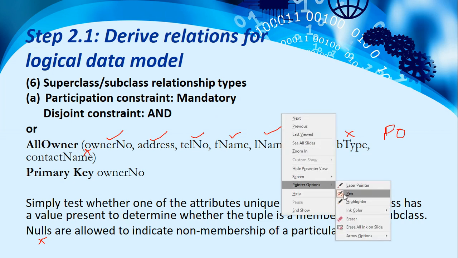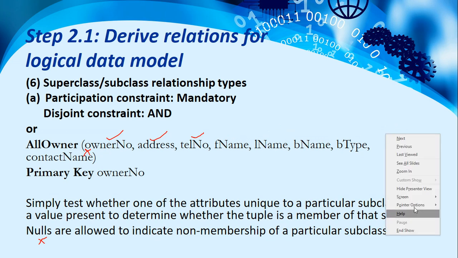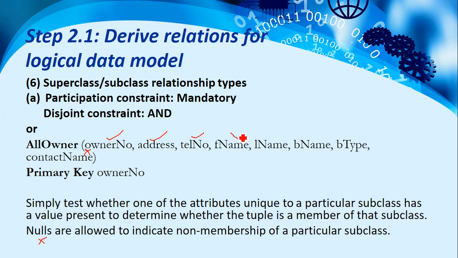Ganon. And if let's have some slight changes. Ito naman yung may null and ito yung may values. So let's say iba yung scenario natin.